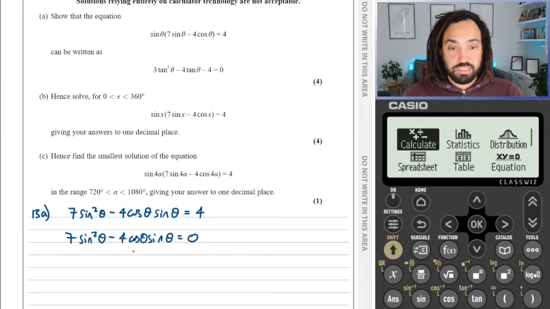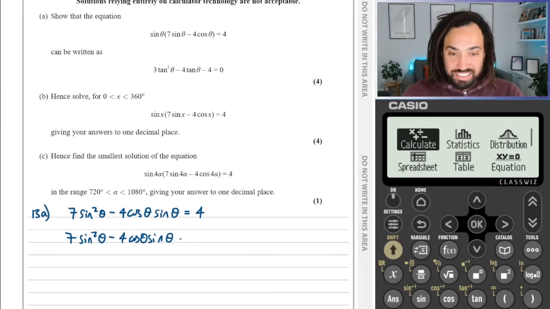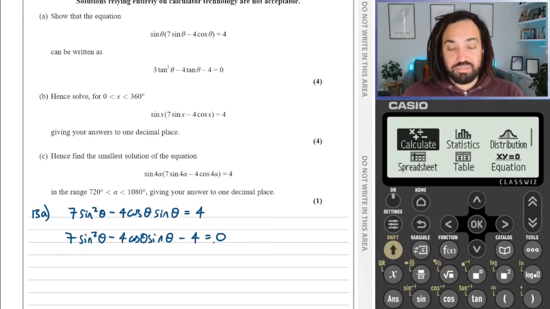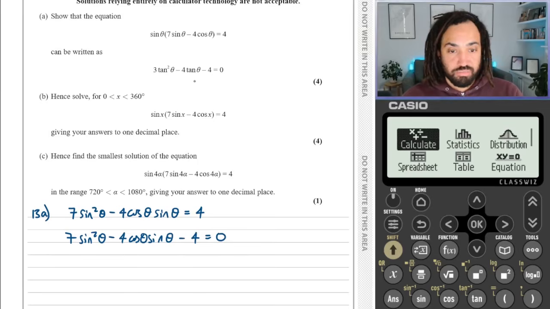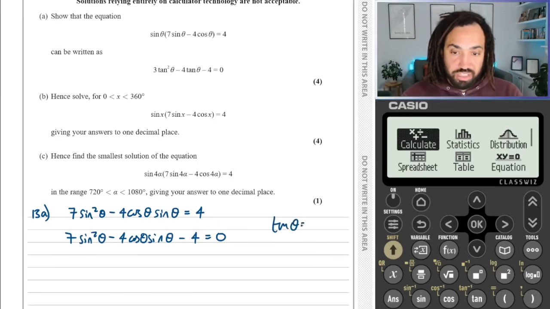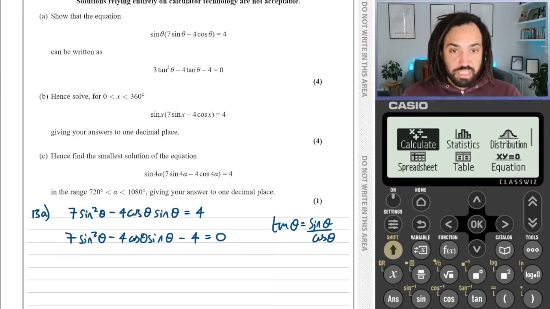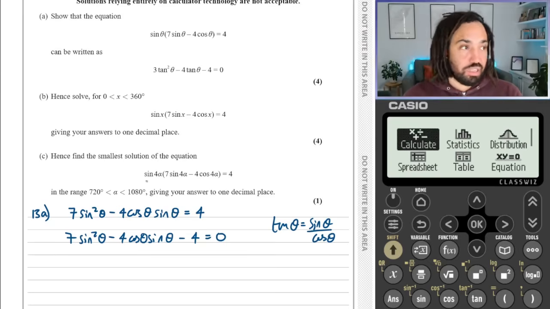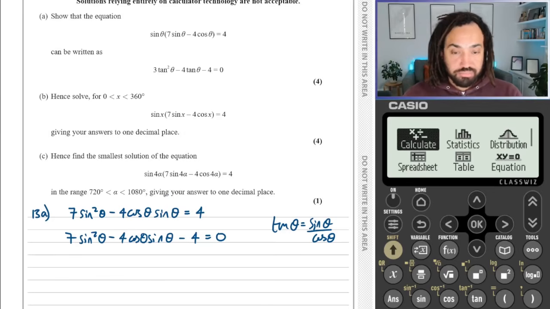Now next is all in terms of tan, of course, and we know that tan theta is equal to sine theta over cos theta. We've got a sine squared here and a tan squared there, so it just makes sense to divide by cos squared.